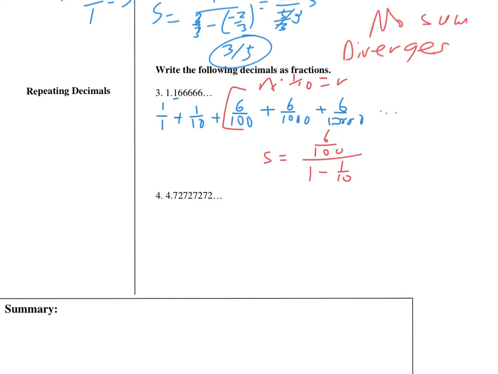Okay, and so I know this is 10 over 10. So that's going to make 9 over 10, 6 over 100. Multiply by the reciprocal there, it's 10 over 9. We can cross cancel here. That's going to be 10, and that's going to be a 3, and that'll be a 2. We can cross cancel these more, so that'd be a 1 and that'd be a 5. So this is going to be 1 over 15.